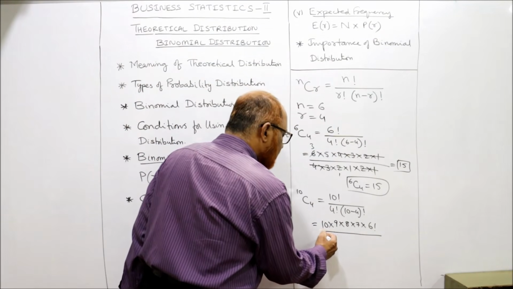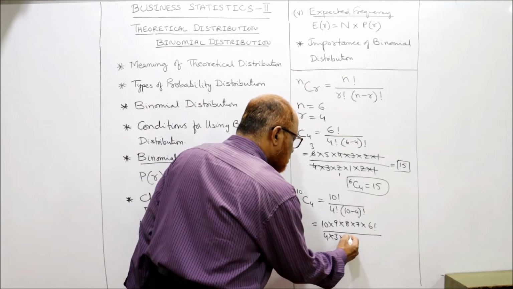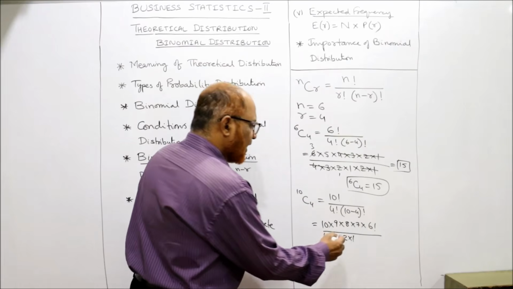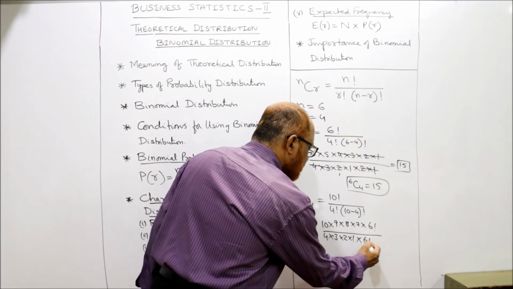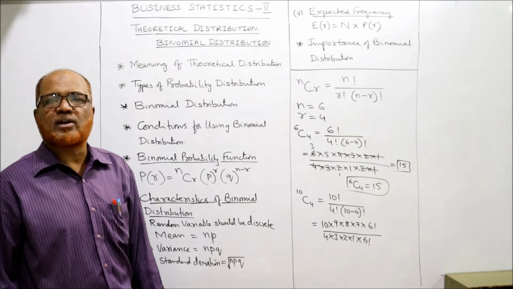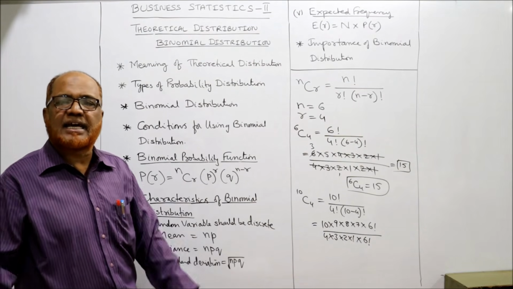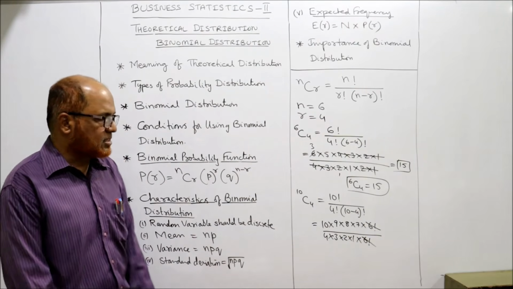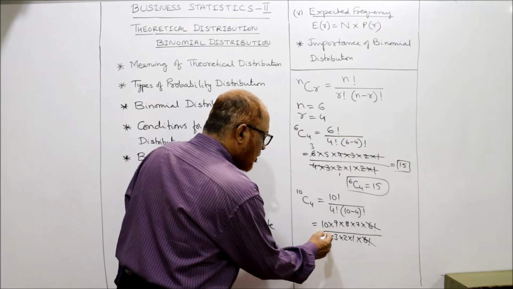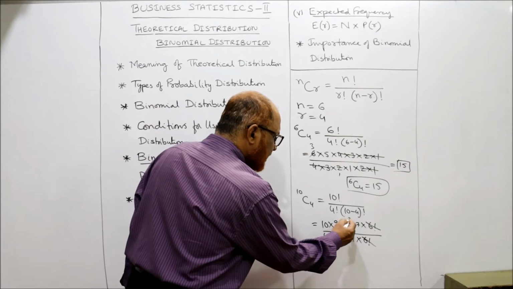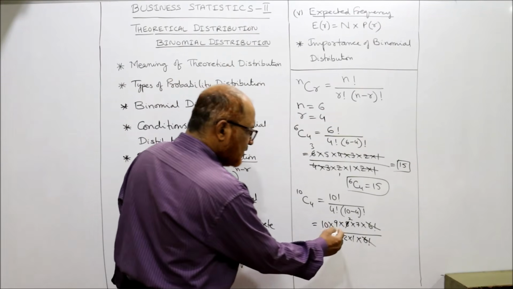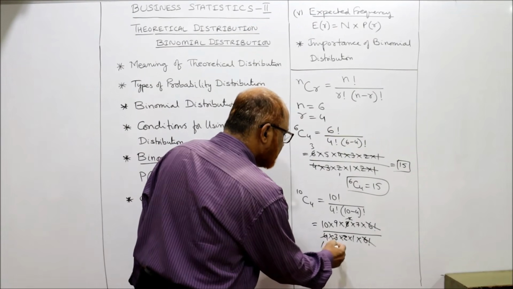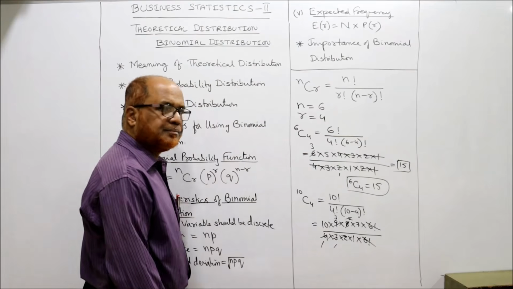Because denominator में 6 factorial है, we can easily cancel it. तो 4 factorial, 4 into 3 into 2 into 1, and 10 minus 4, 6 factorial. Now 6 factorial will get cancelled. Now we can cancel: 4 ones are 4, 4 twos are 8. This 2 and this 2 will get cancelled. 3 ones are 3, 3 threes are 9. Over.